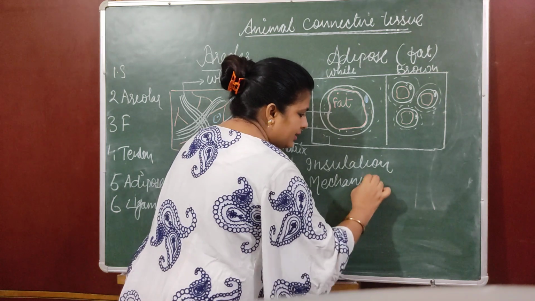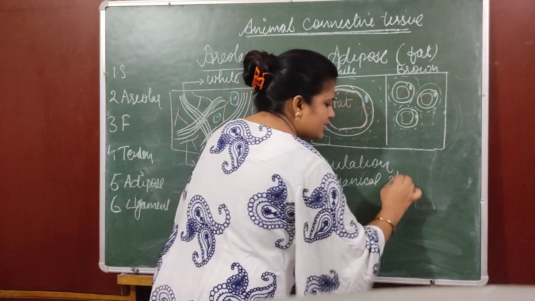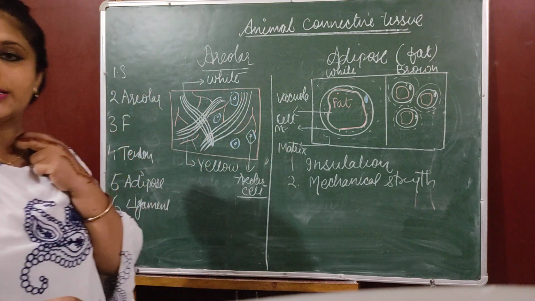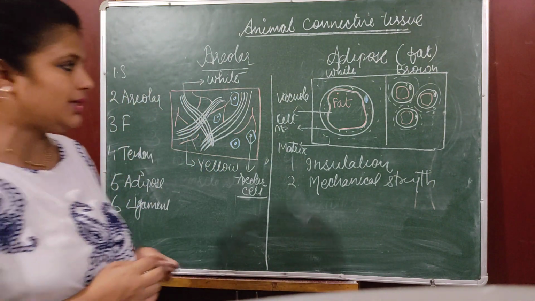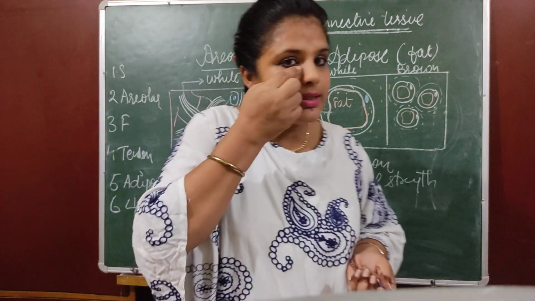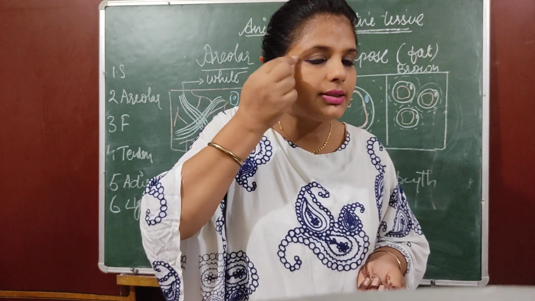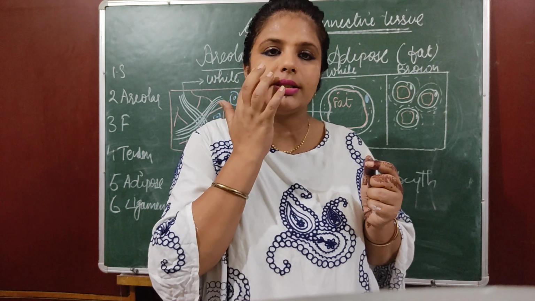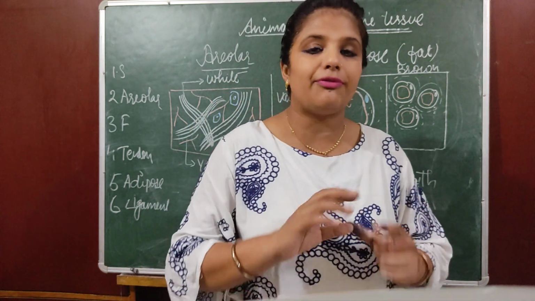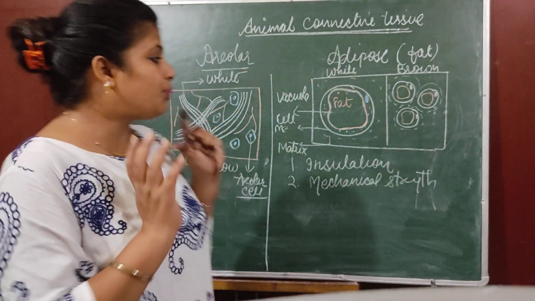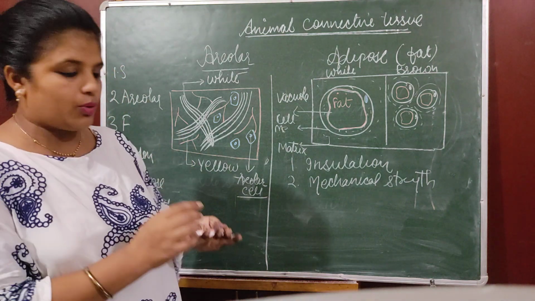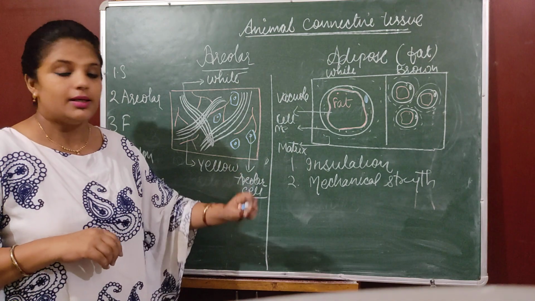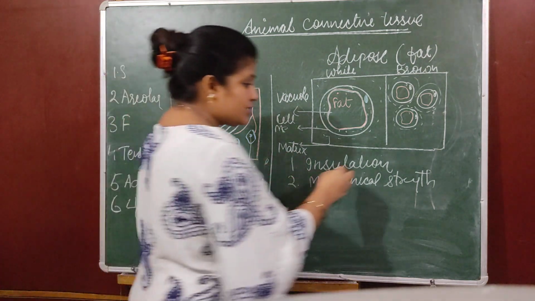Having fat doesn't mean that you are very fatty and obese; it's not related with obesity. It is the fat around these eyeballs, this region, the fat around this nose region, fat around stomach, fat around intestine, to provide additional support, protection, mechanical strength, and insulation.